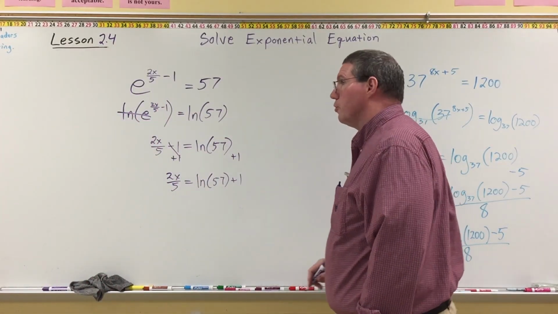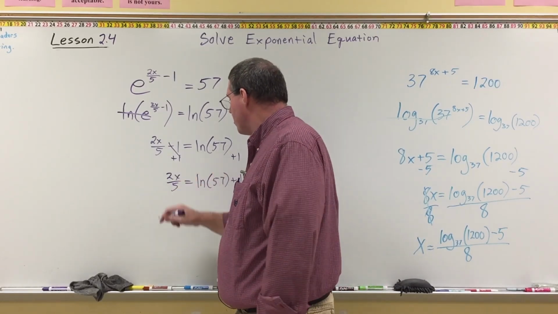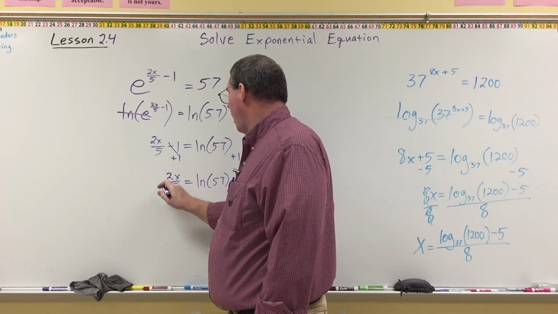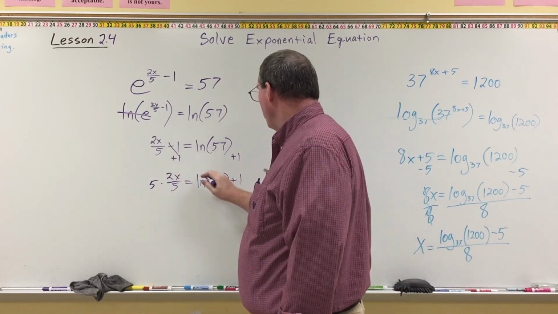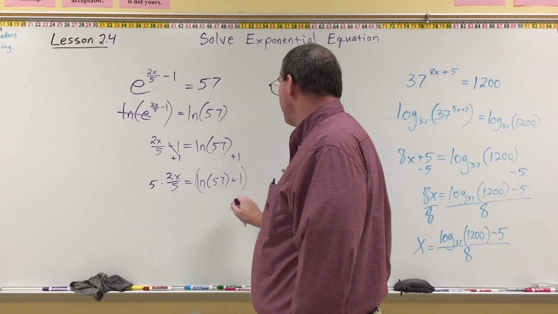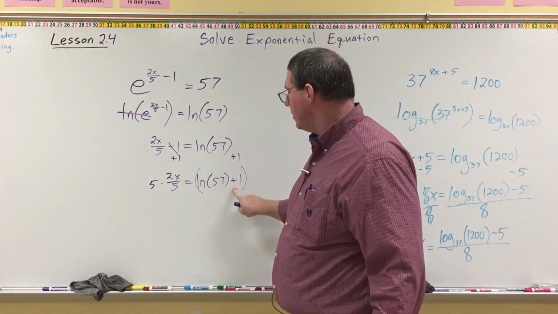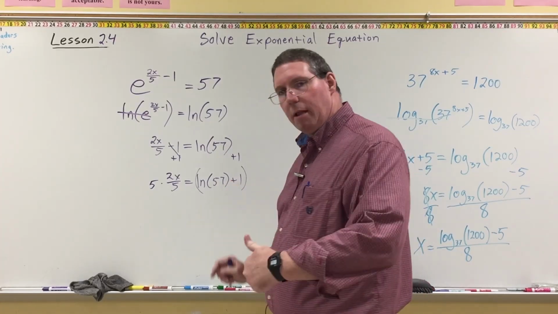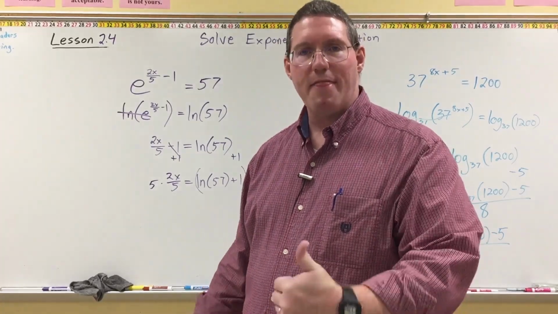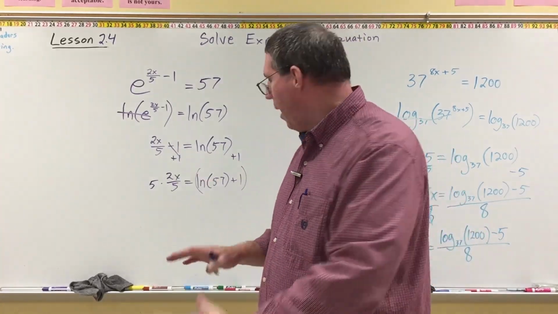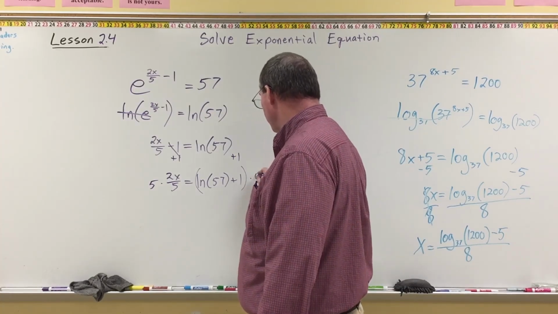All right. This is where it's going to get just a little tricky. Okay, not tricky, but I haven't shown you this yet in these examples. We're going to cancel this denominator of 5, so we're going to multiply by 5 on both sides. But when we multiply by 5 on this side, we have to put parentheses around it because of the distributive property. Anytime you have an expression that has a plus or minus in it, if you want to multiply something by that whole expression, you have to put that whole expression inside of parentheses and then do the multiplication.